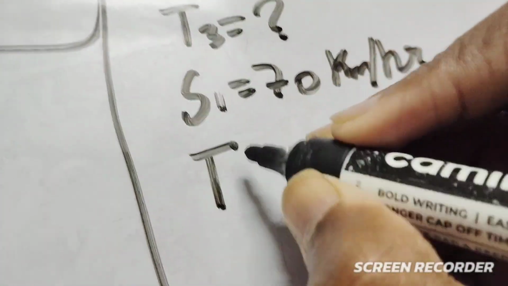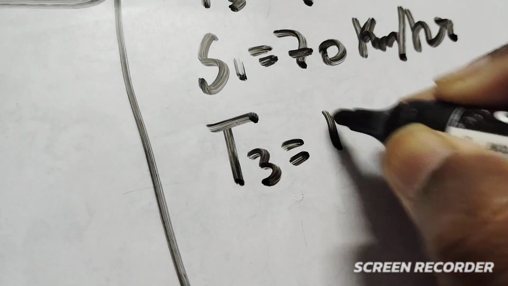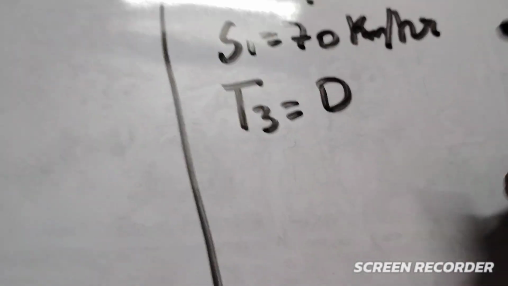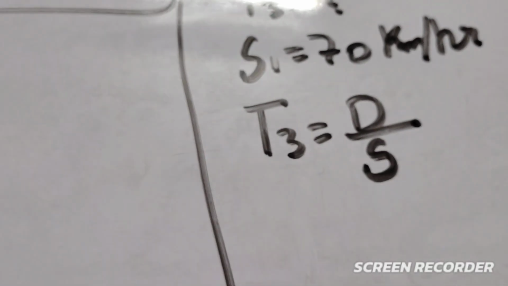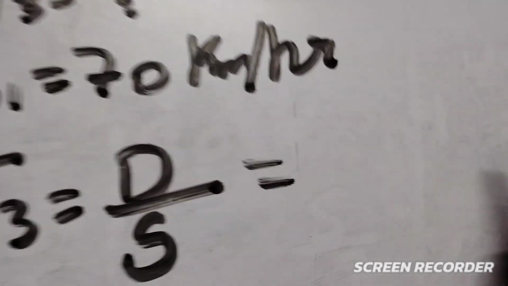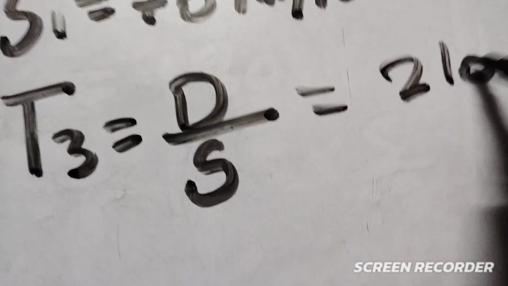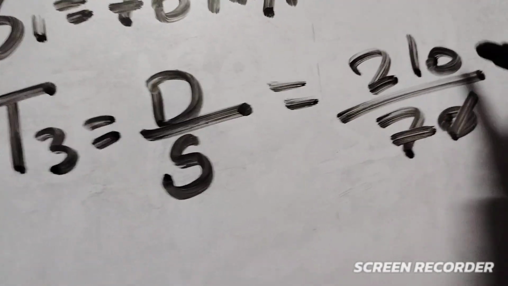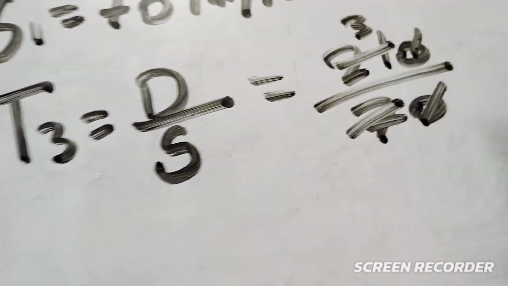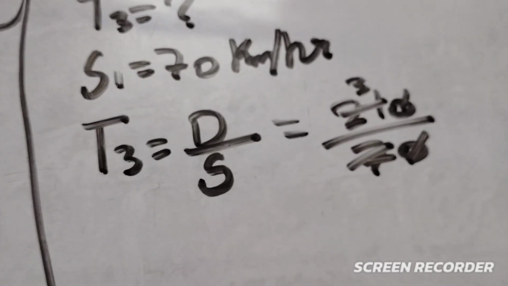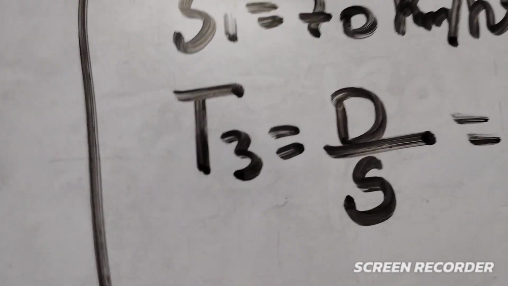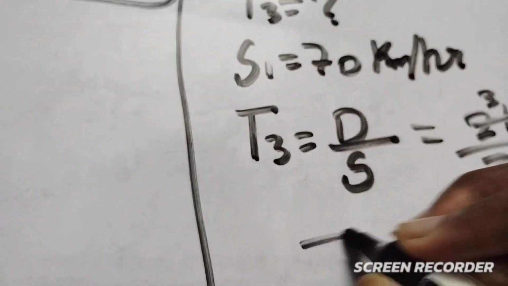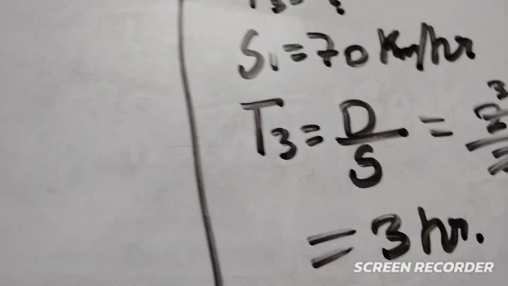Time is equal to d upon speed. So it is equal to distance 210 upon 70, will cut, 3 hours, so it is equal to 3 hours.